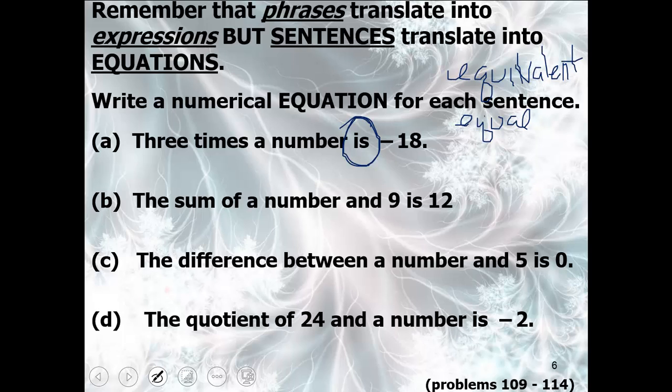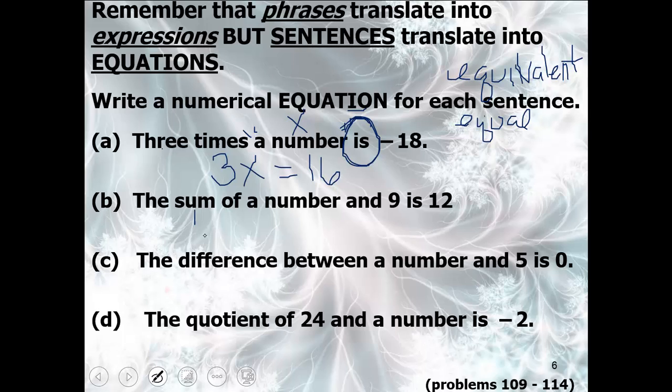So 3 times a number. Remember in our previous lessons, anytime we saw a number, we were going to put in the variable x. 3 times x is, that's our keyword for equal, 16.